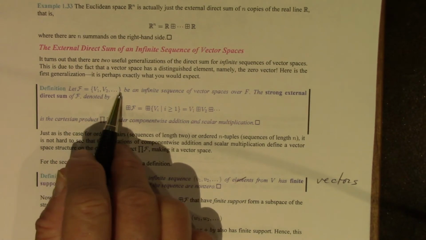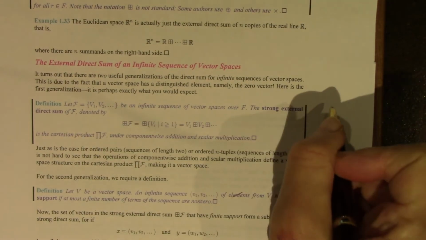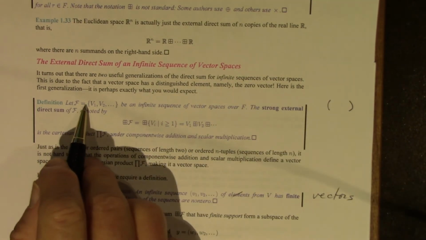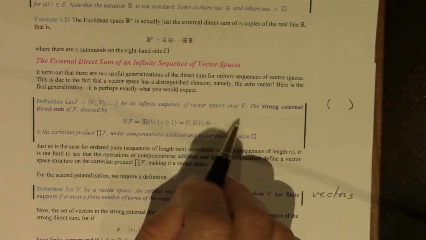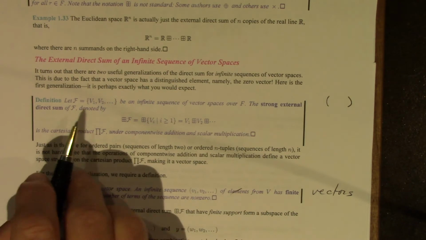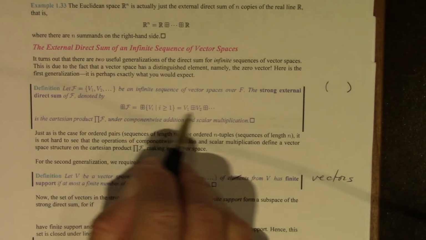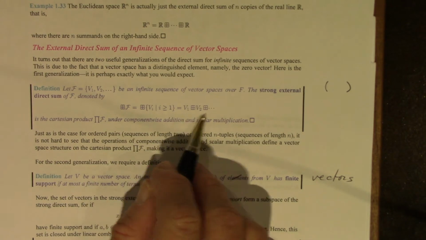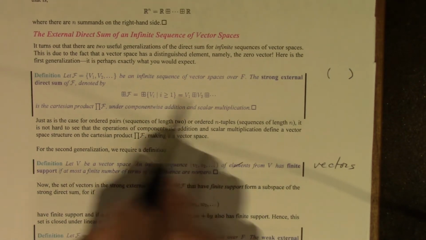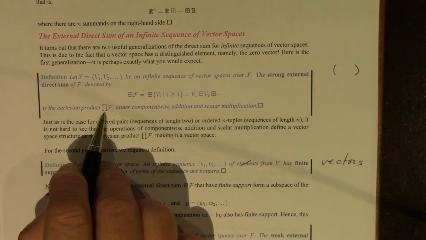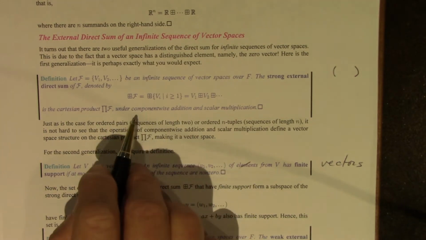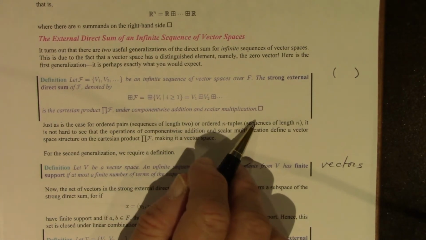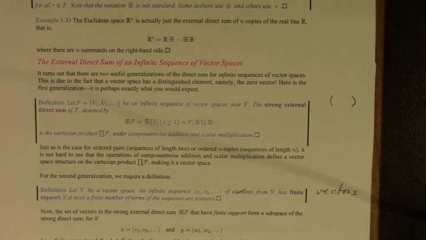We have a sequence of vector spaces. I should use parentheses rather than braces. And again, they must be over the same field. The strong external direct sum, which I denote this way, it's consistent with the earlier notation, is the Cartesian product of this infinite sequence of vector spaces under component-wise addition and scalar multiplication. So instead of adding two ordered n-tuples, we add two infinite sequences.